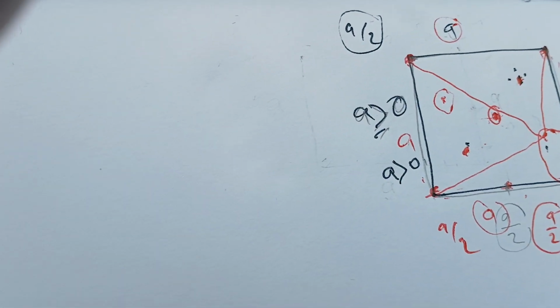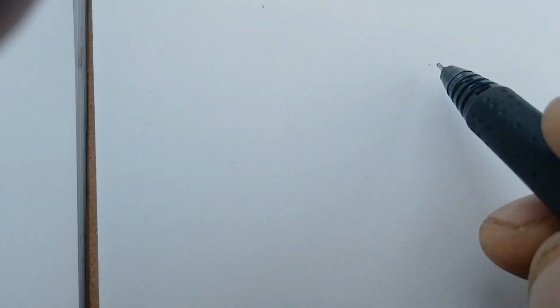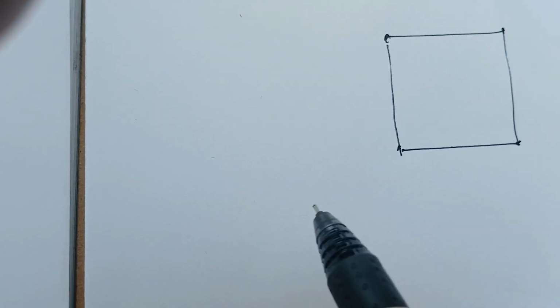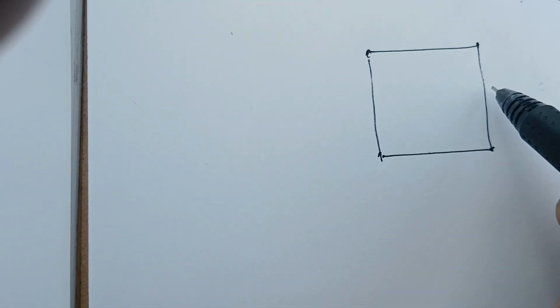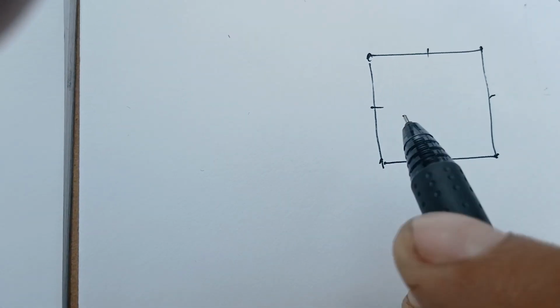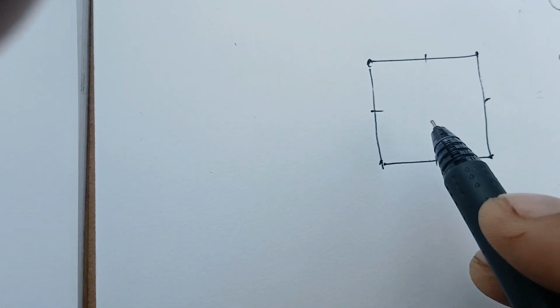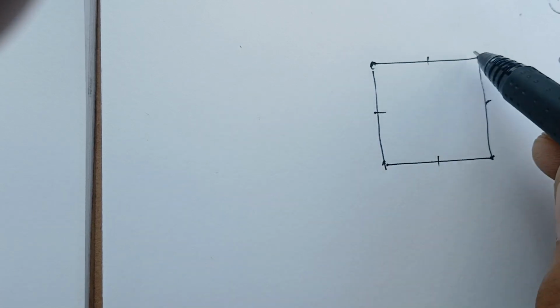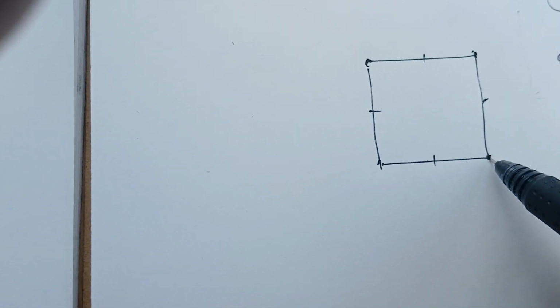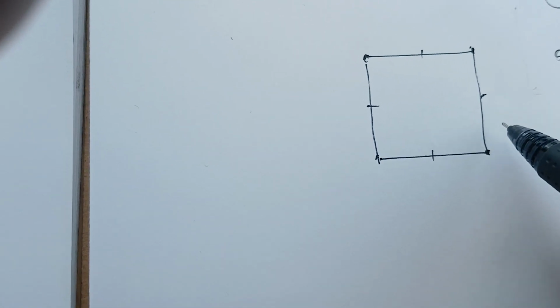Let me draw this one here. So this is my square. If I pick the points here, the 5th point can be anywhere. But the distance between one of the points and my new point, the 5th one, is going to be less than A over 2.